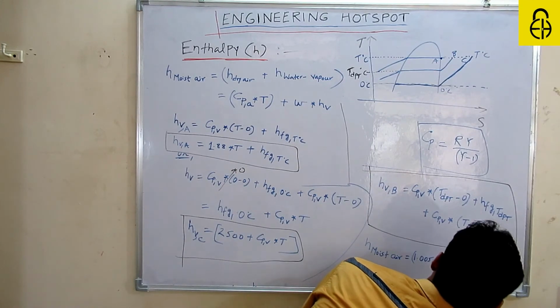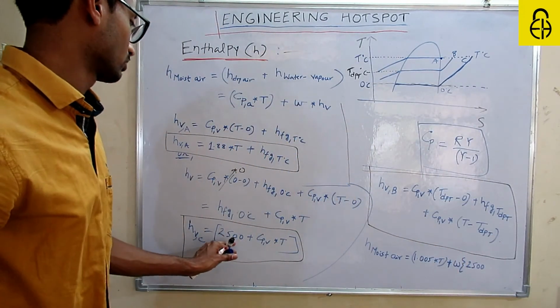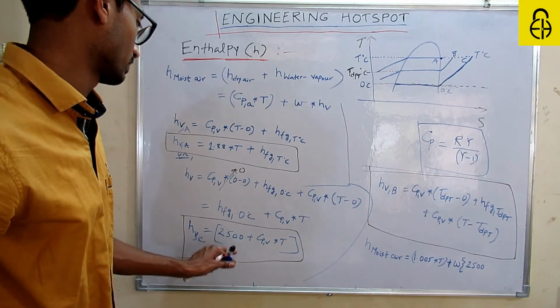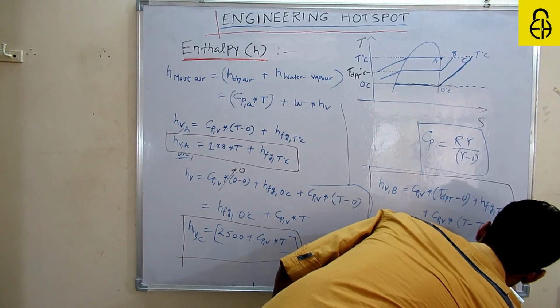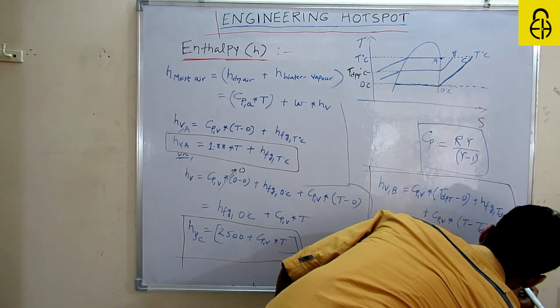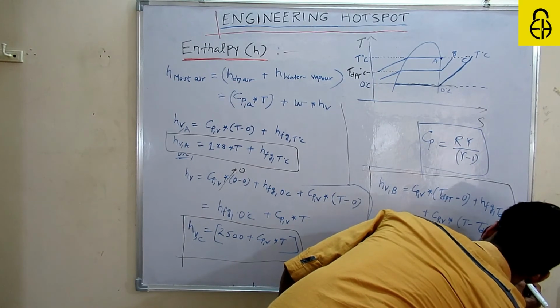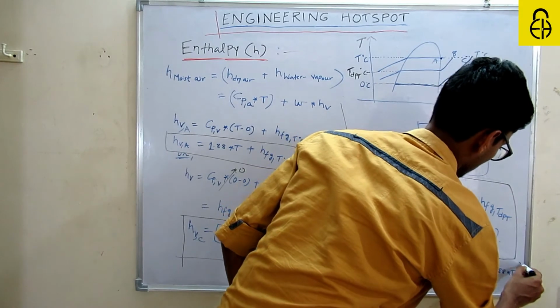This will be 2500. This is in kilojoule per kg, okay? Kilojoule per kg. And Cp of vapor is 1.88 into T. So this is the complete formula.